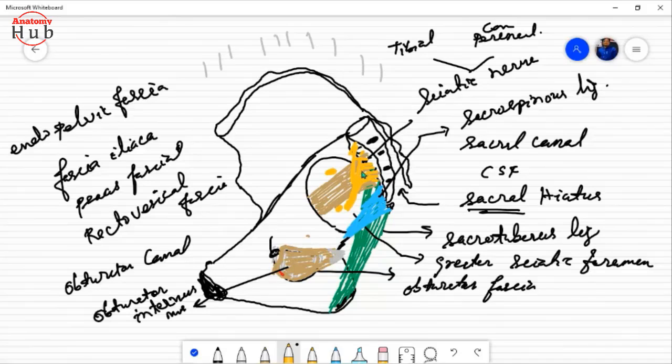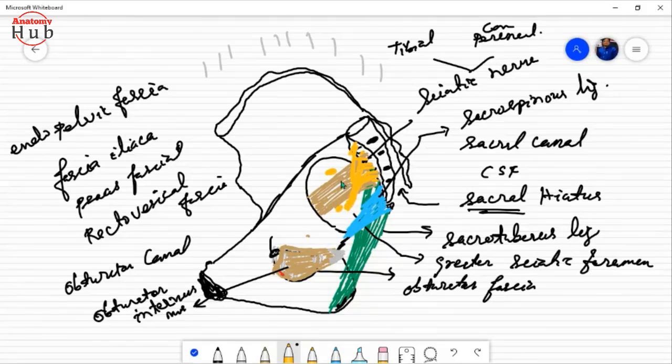In some cases, due to absence of the fascia surrounding the sciatic nerve, the nerve divides into two components. One component, the tibial component, will pass superior to the piriformis muscle, whereas the other component, the common peroneal part, may pass at the inferior border of the piriformis muscle, right.